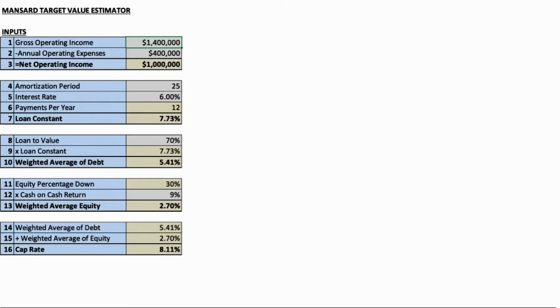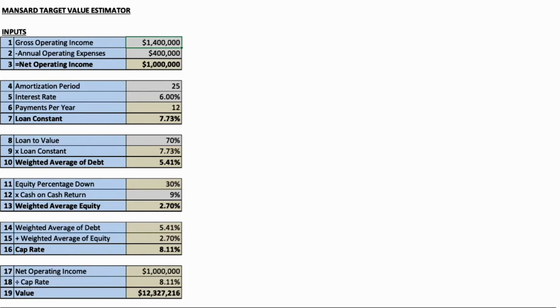So one of the ways you can use this tool is to build up a scenario that helps the client see what the valuation of the property should be. So in this case, based on these inputs, you're looking at a $12,327,216 valuation for that asset.